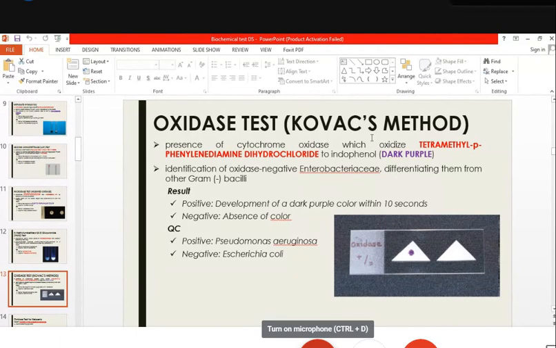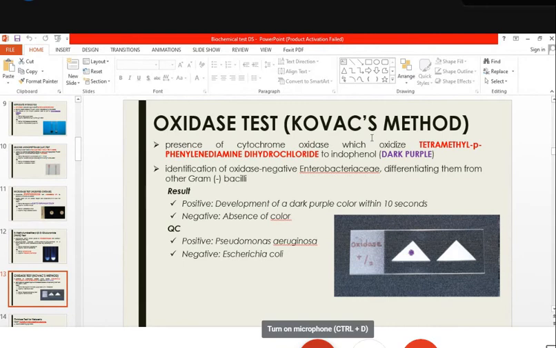Bakit hindi tayo pwedeng gumamit ng nickel-based alloy wires which contain chromium and iron or yung nichrome na sinasabi natin? Because this would produce false positive reaction. So, pag nag-pick tayo ng colony natin, dapat ang gagamitin natin ay platinum wire or wooden stick. So that medically significant oxidase positive organisms are our Neisseria, Aeromonas, Pseudomonas, Campylobacter, and Pasteurella.